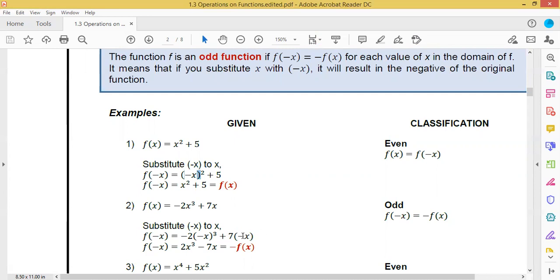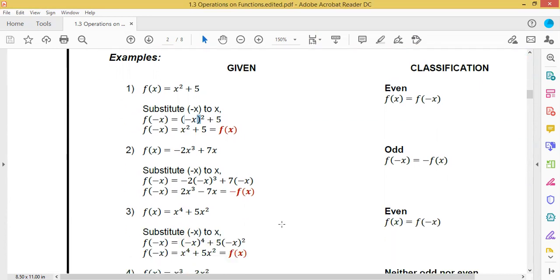Positive times negative, the answer is negative 7x. If you check, the original f of x is negative, then positive, while f of negative x becomes positive and negative. This is the exact opposite of the given function. Thus, this function is odd.